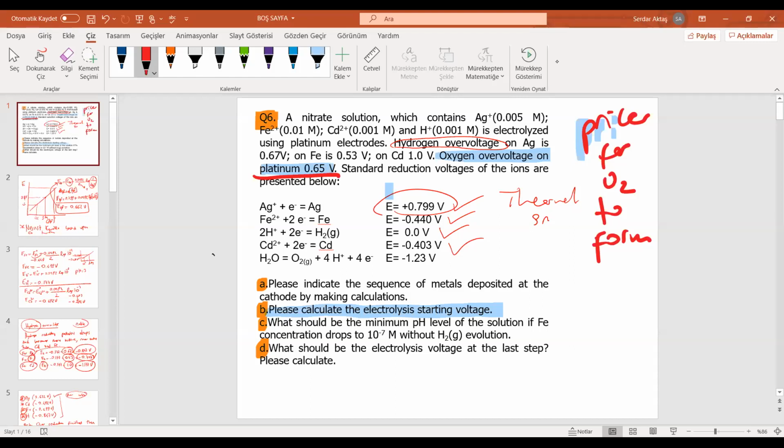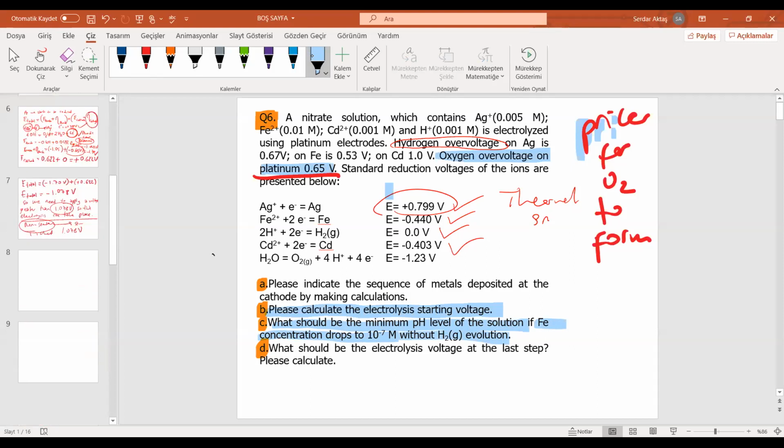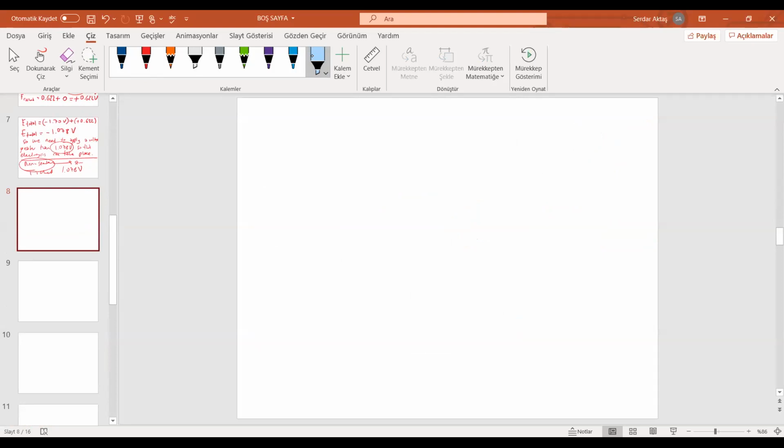All right, now we come to question number C. What should be the minimum pH level of the solution if iron concentration drops to 10 to minus 7 molar without hydrogen evolution? From the Nernst equation, it is possible for us to calculate the iron reduction potential.